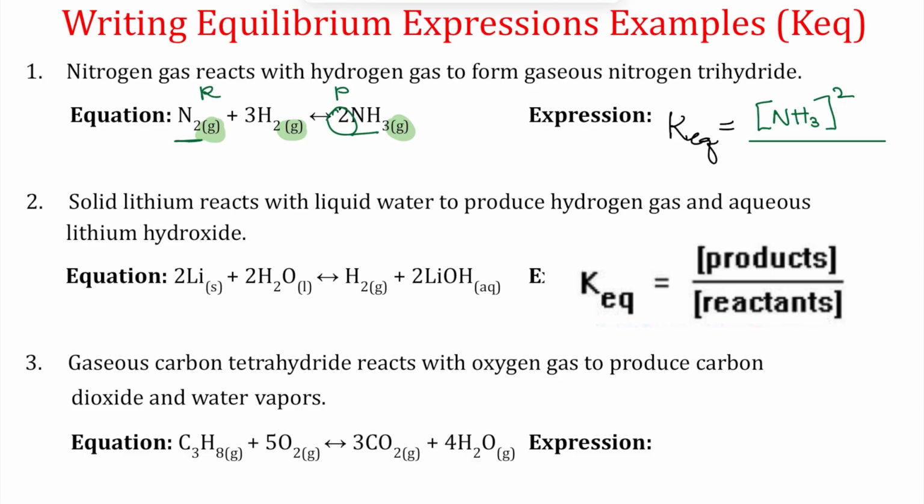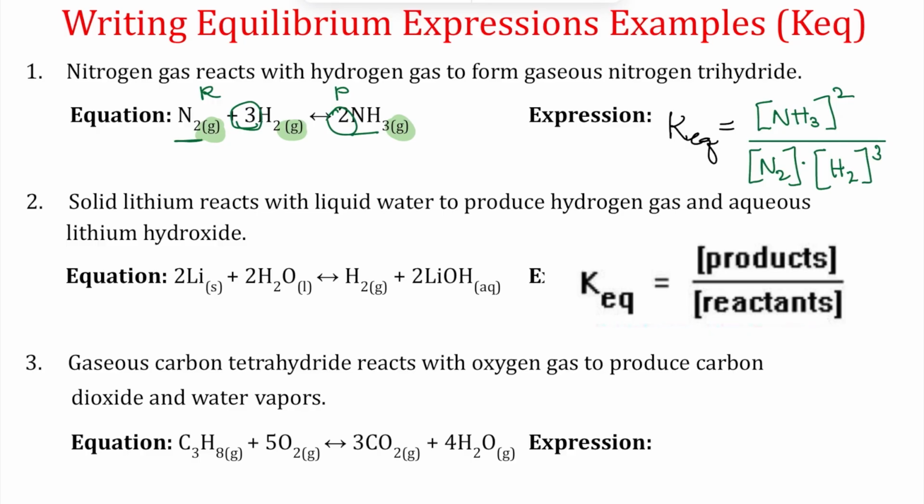I have nitrogen. I only have one of those, so I'm just going to do the concentration of nitrogen, times the concentration of my hydrogen, but I do have 3 hydrogens, so that coefficient is going to become an exponent. And this is my KEQ expression for that first equation.